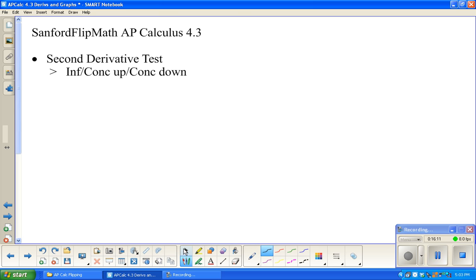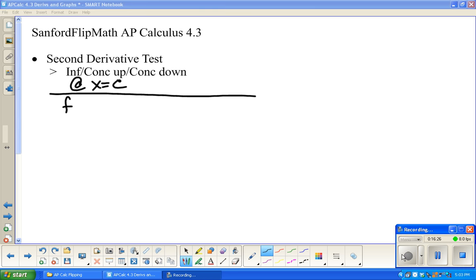Again, we're going to talk about at a point where x is equal to c. We're back on that same continuous function, and we need to be at an interior point. We're not talking about an endpoint.